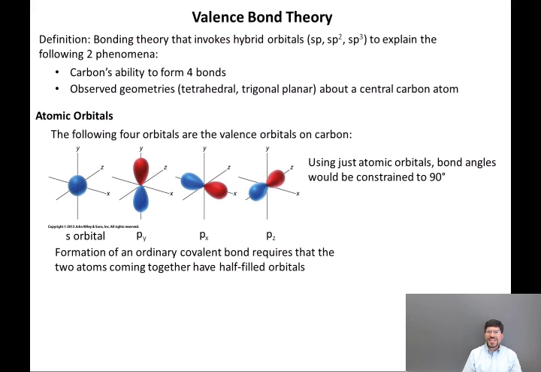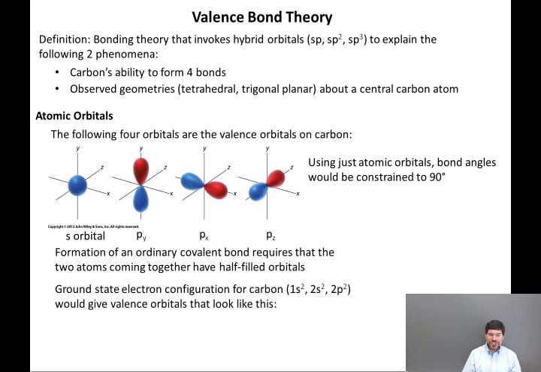Okay, so if we look at the electron configuration, the ground state electron configuration for atomic carbon, it is 1s2, 2s2, 2p2. Well, we're going to ignore the 1s electrons. Those are what we call core electrons, but we're just going to concentrate on the valence electrons, which are the 2s2 and the 2p2.